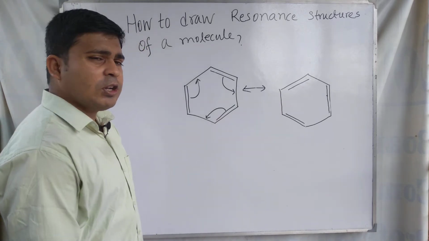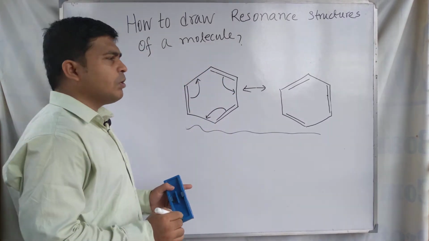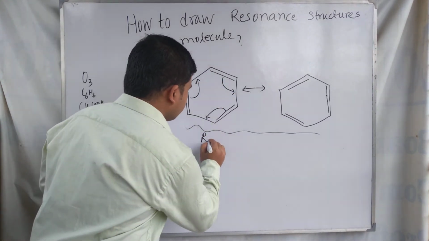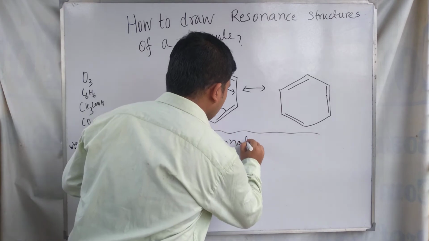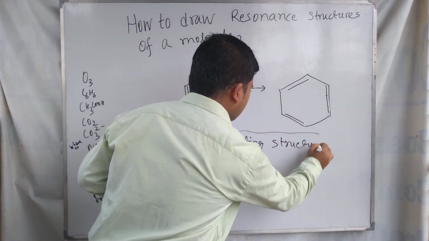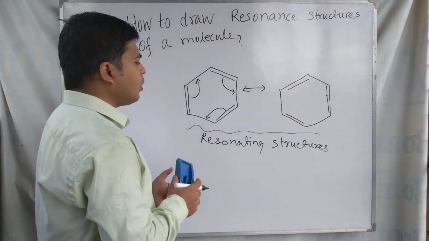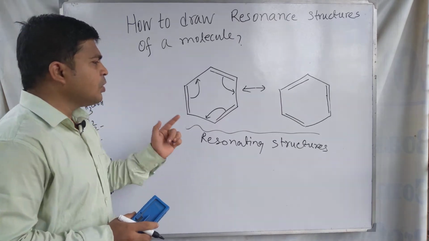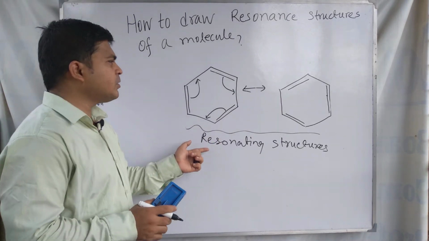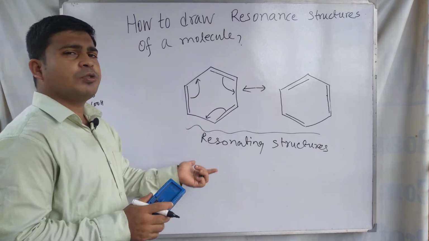These two structures of benzene are called resonating structures, or you can call them canonical structures or contributing structures. These two structures are examples of resonating structures.